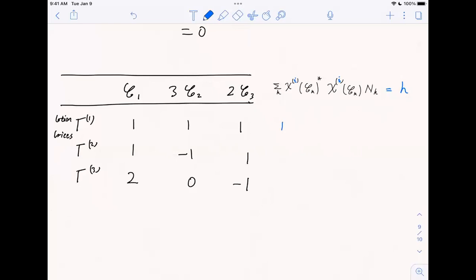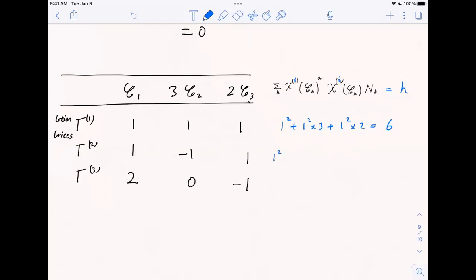It just times itself. So 1 times 1 times 3 times 1 square times 2. So you have 6, because this is 1, this is 3, this is 2, then you get 6.